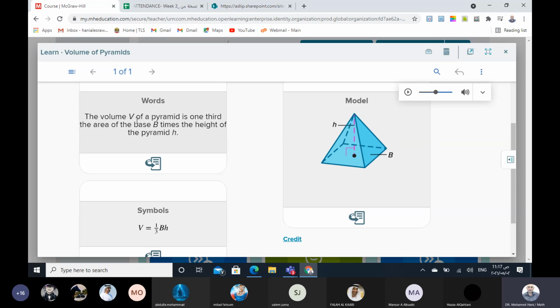The volume V of a pyramid is 1/3 the area of the base B times the height of the pyramid H. So V equals 1/3 multiplied by the base, which here means the area of the triangle down here, multiplied by the height.